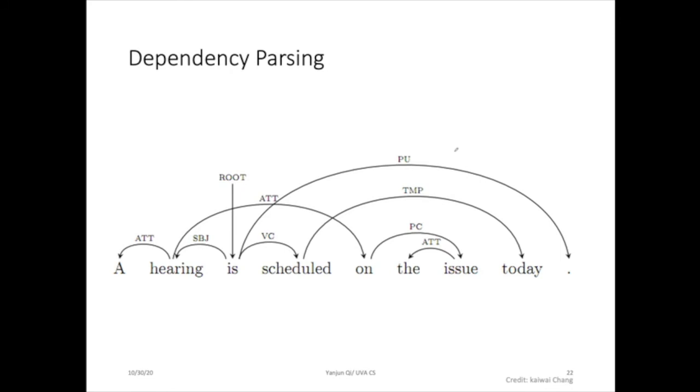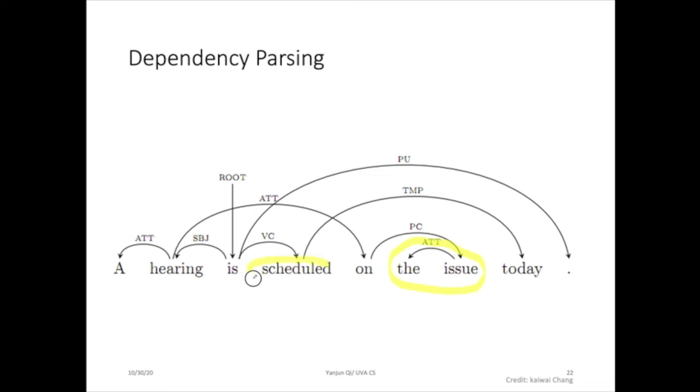Then the next level is we want to not get a tree, but we want to get these pairwise relationships among the words in my input sentence. So for example, in this case, a hearing is scheduled on the issue today, right? So this is a good relationship and very clearly reflected in this sentence.